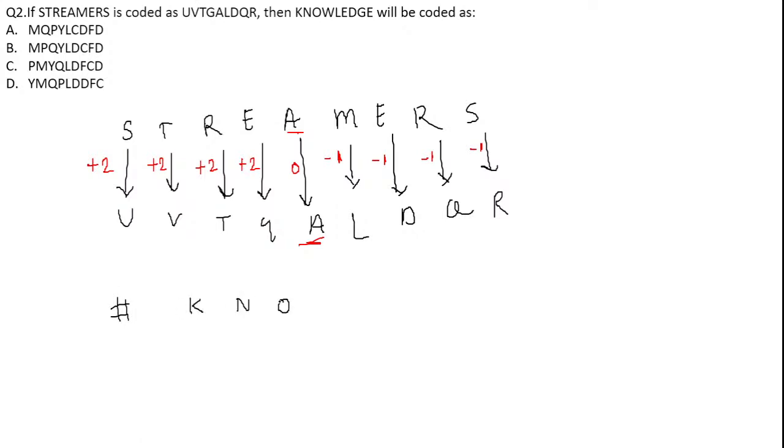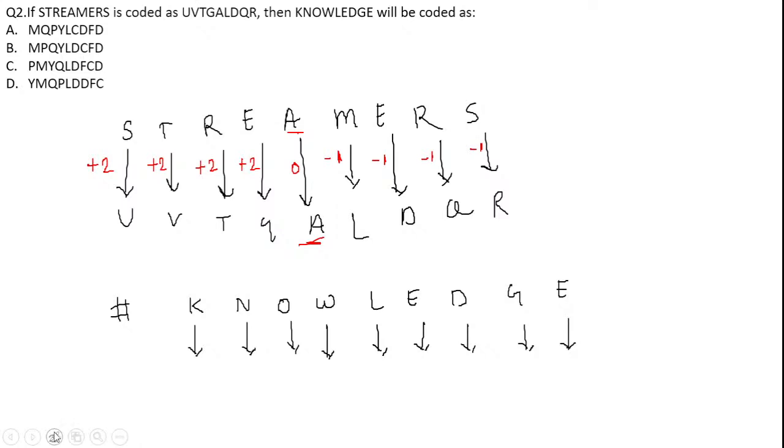So we will write down KNOWLEDGE. We have to follow the pattern like we saw above for STREAMERS. Here we will do K plus 2. So K, L, M, correct?